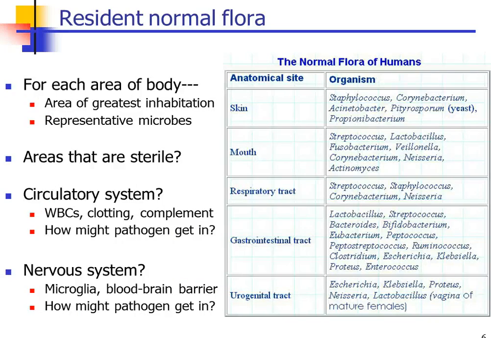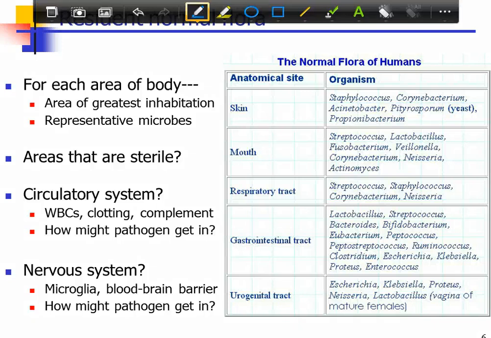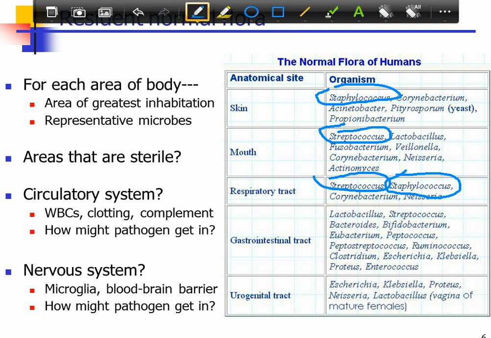Okay, so we're going to take a little tour through different areas of the body and look at normal flora. You've got a kind of a list here. And if you look at the organisms that are on the list here, notice that there are a lot of recurrent guys. Staph and strep. Here's staph again. And strep.